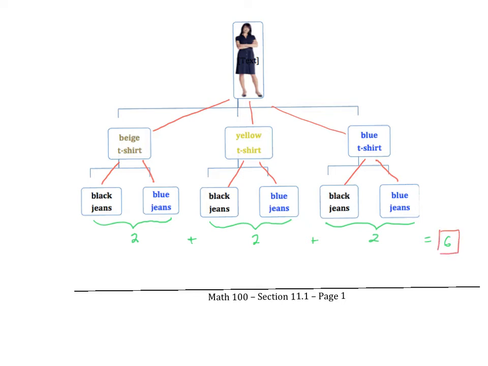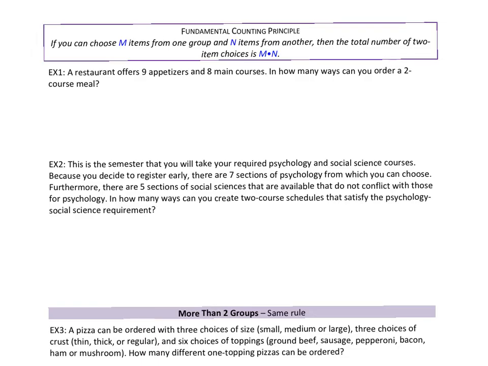And what this shows us is that the order that you choose, either the jeans or the t-shirts or whatever your items are, doesn't really matter because this is all addition, so it's what we call commutative. Here's the formula for the fundamental counting principle. So let's say there are m items from one group and n items from another group.